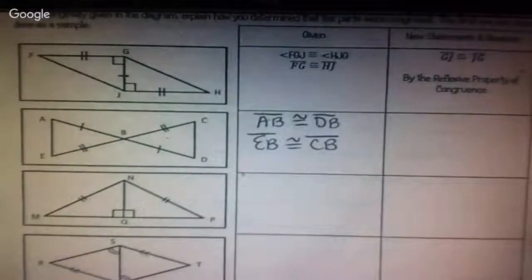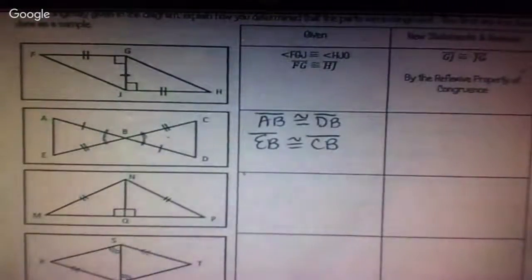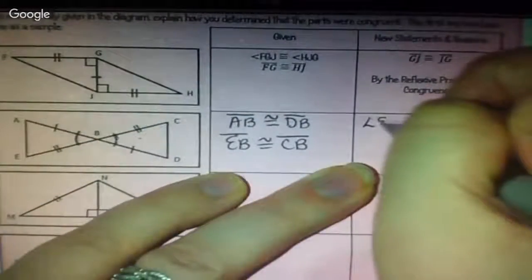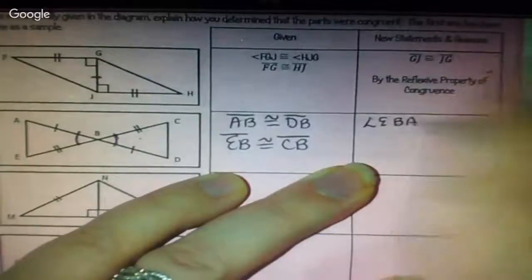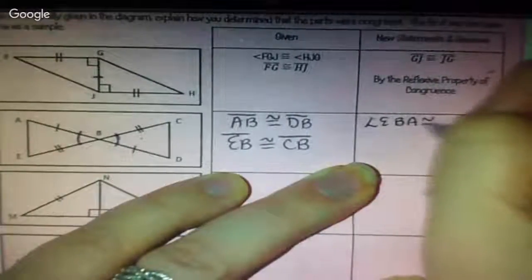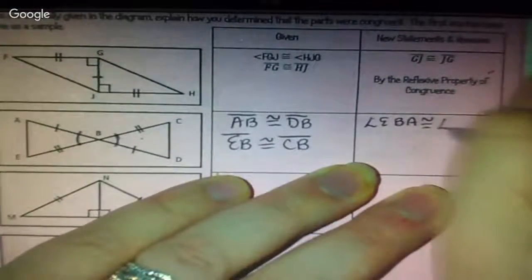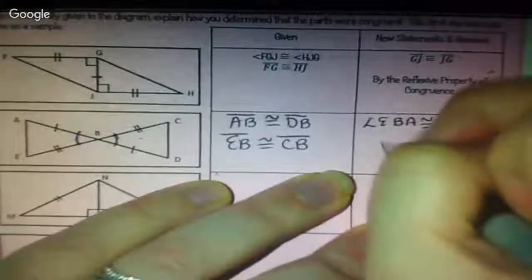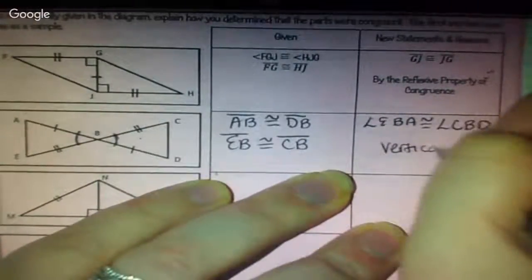Vertical angles. You've got vertical angles. This angle right here and this angle right here are vertical. So you can say that angle EBA is congruent to angle CBD because they're vertical angles.